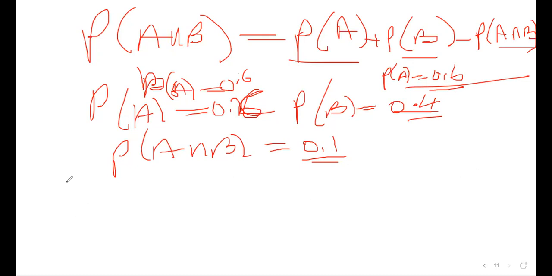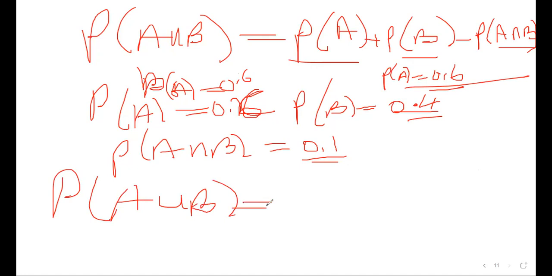Then who can give me the answer for the probability of A union B? What answer are we getting for the probability of A union B, if you have this information? Are we together?